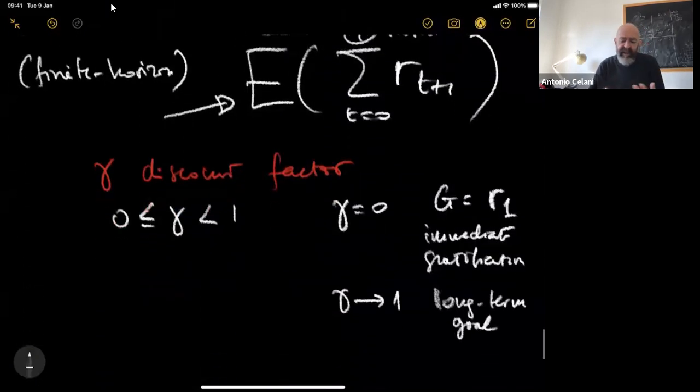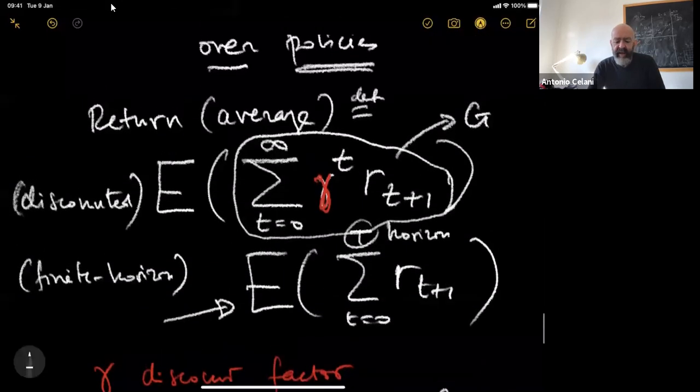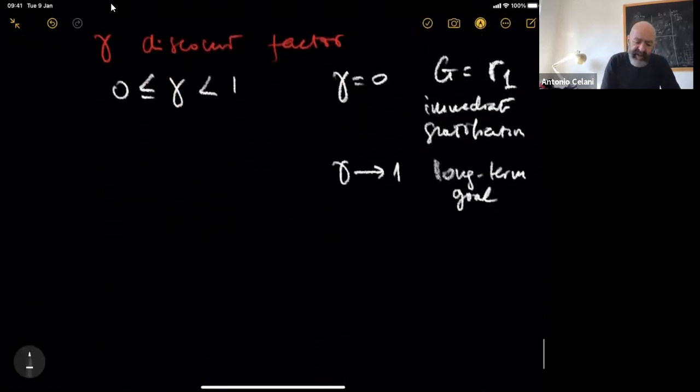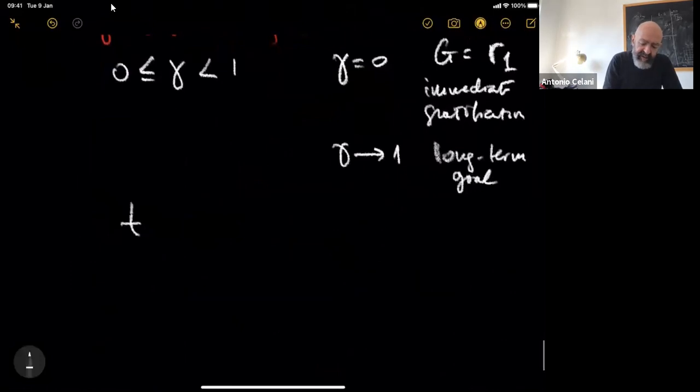Okay, so this discount factor is something that you can easily interpret by saying, if I get a reward tomorrow, it's going to be more valuable than if I get a reward the day after tomorrow. And the way this gamma is close to 1 says basically how fast you go towards 0. Basically, everything that happens at times t, which are much larger than 1 over 1 minus gamma, doesn't count.